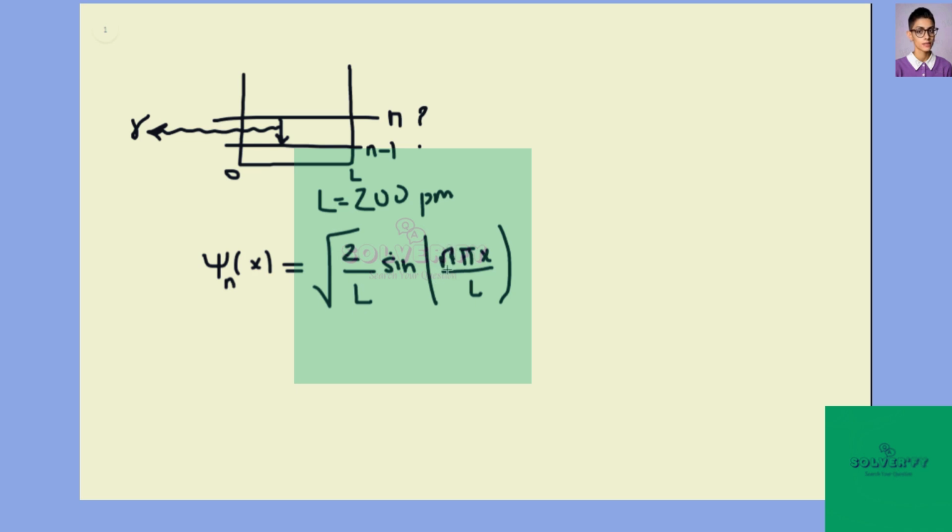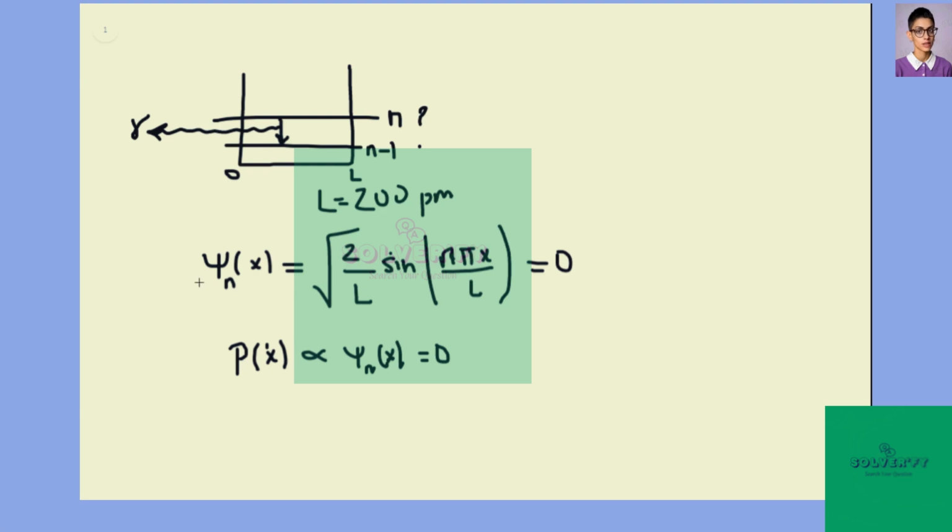Now, we see that the probability density, let's write probability density P as a function of x, is related to psi n of x. So when psi n of x is equal to 0, P of x, or the probability, should also be equal to 0.